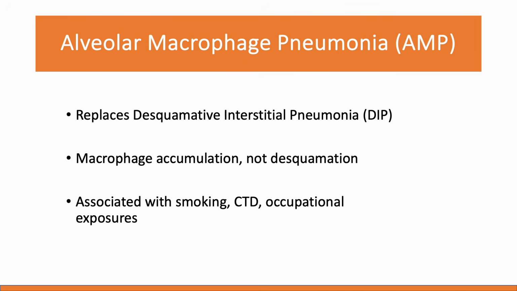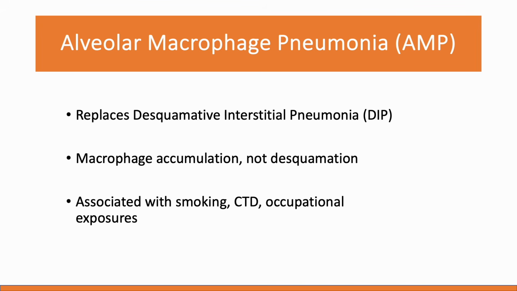Let's come to the next pattern, the alveolar macrophage pneumonia or AMP pattern. Now, DIP, which was initially described as desquamative interstitial pneumonia, has been changed to alveolar macrophage pneumonia. And this is because the terminology DIP was very inaccurate pathologically. The cells here are macrophages, they are not desquamative pneumocytes.